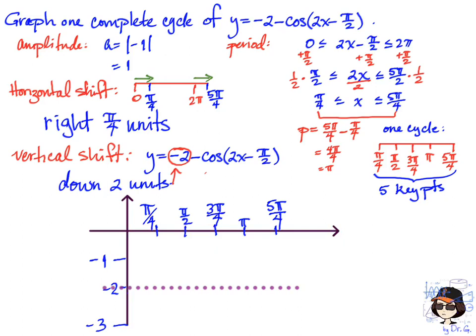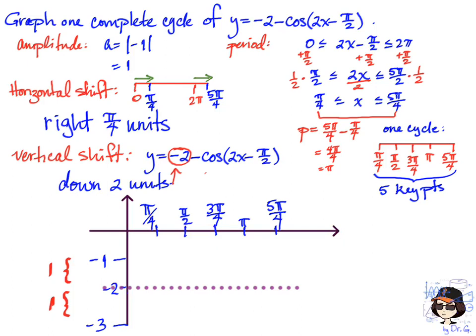And notice the amplitude is still 1, and 1 is the distance between my midline and my highest point, or my midline and my lowest point. So the amplitude is this distance right here, or this distance right here. That's my amplitude.